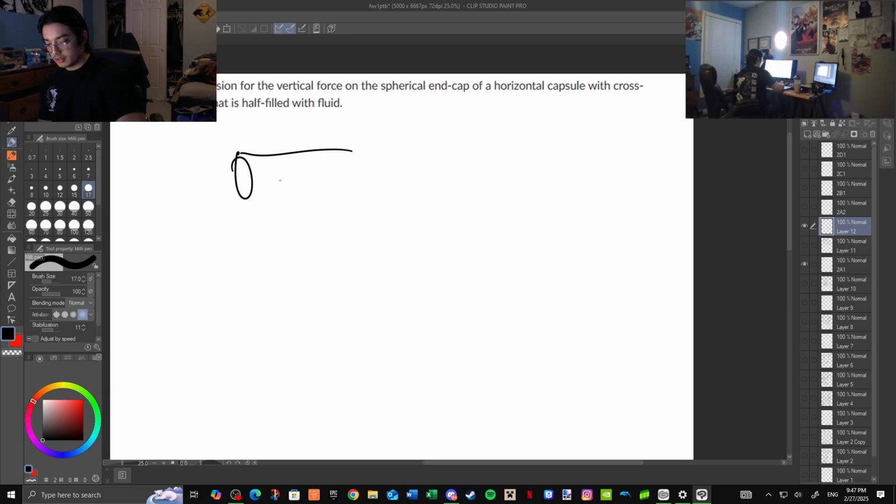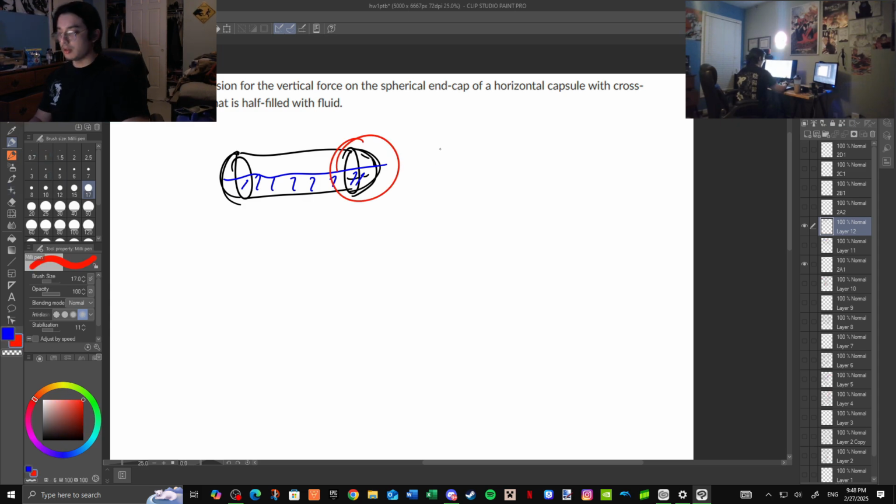So we have a cylinder, and on each end of the cylinder is a spherical cap. And this figure is filled halfway with fluid. And so we're looking at only one end of this figure.